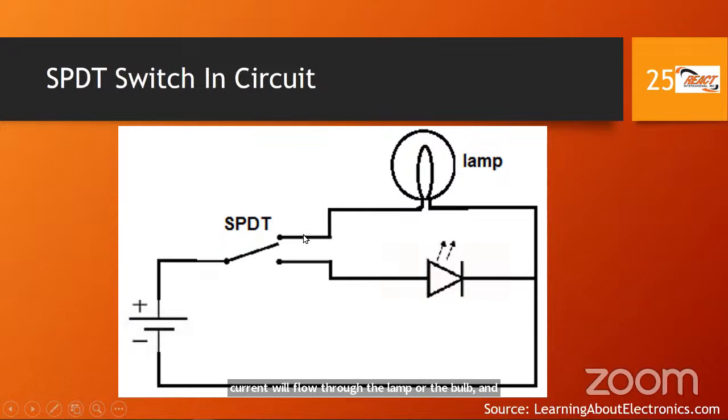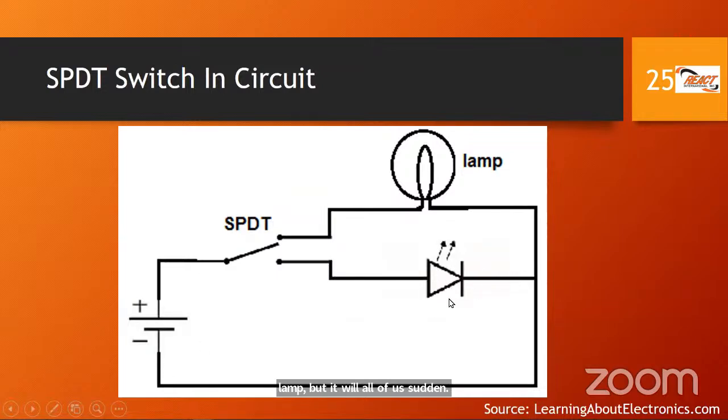That's how the current will flow when the single pole double throw switch is in this position. But what if I throw the switch and it clicks and latches this other part here? So it no longer is connected this way, but it's connected in this way. What that means is the current will flow not through the lamp, but all of a sudden now through the light emitting diode or the LED.